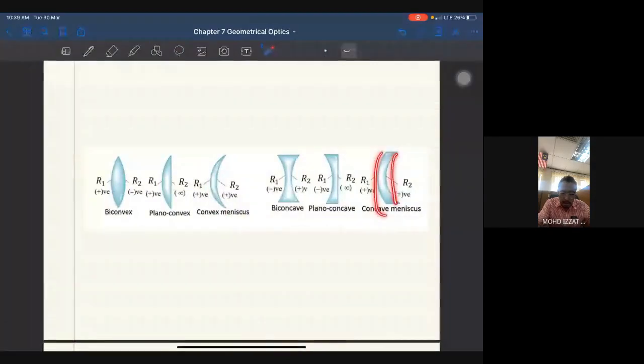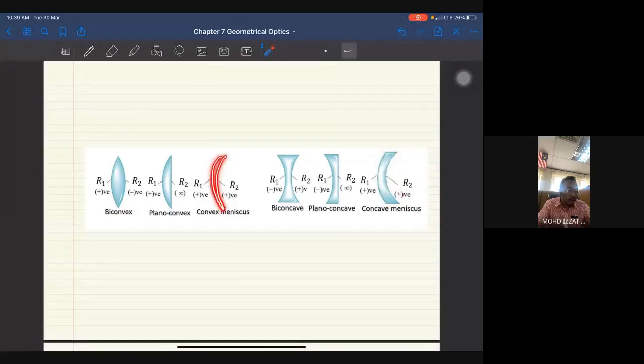For concave meniscus, the outside one is bigger than the inside. The R values, for example 8 and 5. So 8 sits here, 5 sits here. For this one, 8 sits here, 5 sits there. Okay, that is in terms of proper drawing, proper quantity lah.